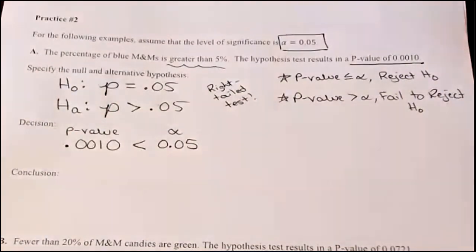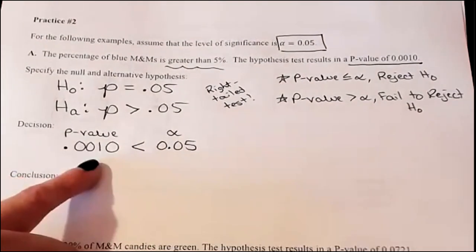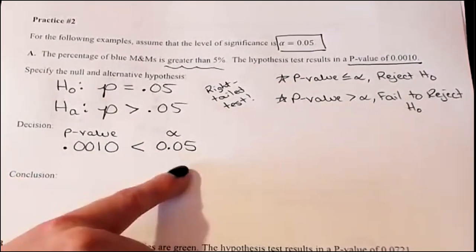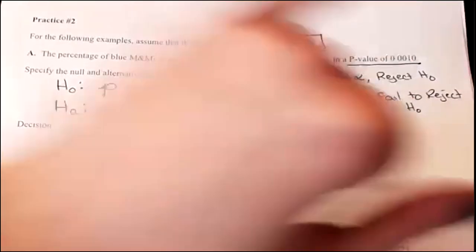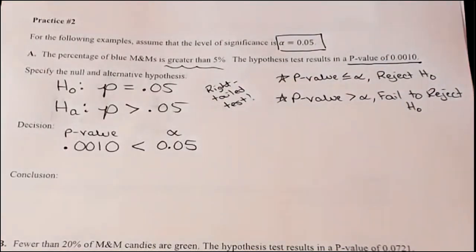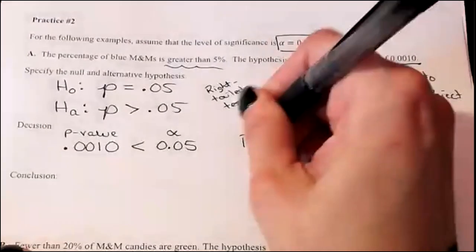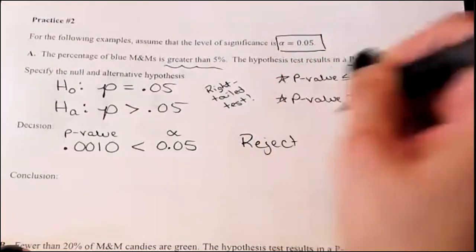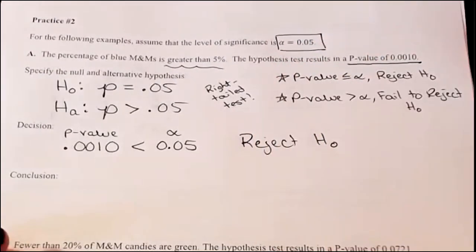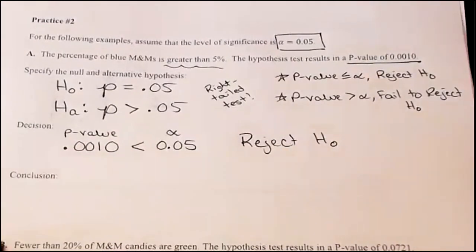Does that make sense to everyone? Since the p-value is less than alpha, our decision is going to be to reject the null. So we are going to reject the null hypothesis since our p-value is smaller than alpha.